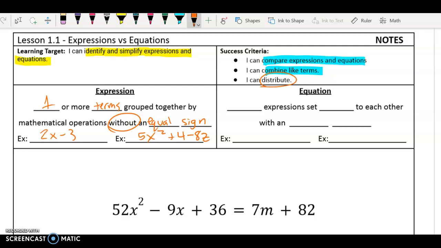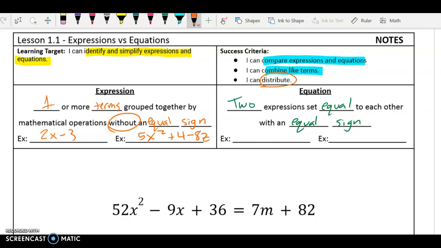Now, an equation has an equal sign. So here we have two expressions that are set equal to each other with, of course, an equal sign. Okay. So we do need to know what an expression is so that we know what an equation is.